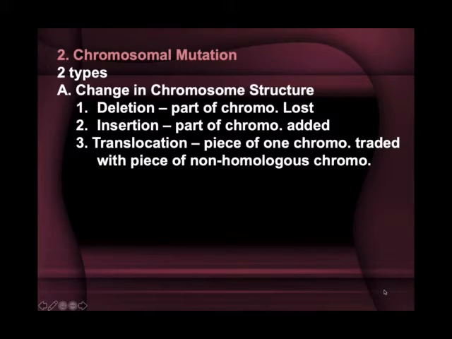A translocation is an interesting one because a piece of one chromosome gets traded with a piece of a non-homologous chromosome. Usually crossing over happens between homologous chromosomes. This is when a piece of the number 5 chromosome gets stuck on number 3, and you say, well, all the DNA is still there.